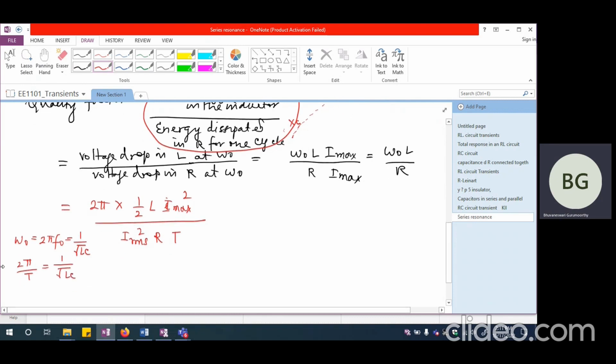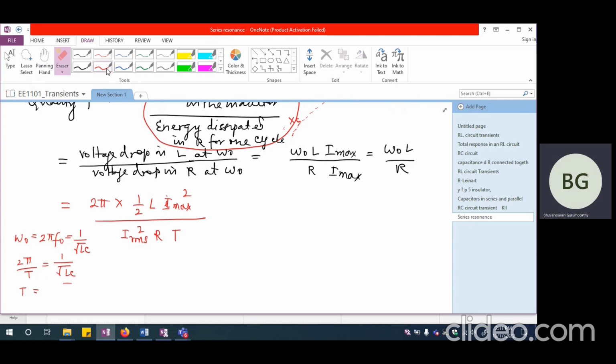So T can be written as 2 pi by root LC. Okay, so 2 pi by root LC is going to be T. That's what I was wondering, what mistake I have done. So this is going to be 2 pi multiplied by root LC is going to be T.